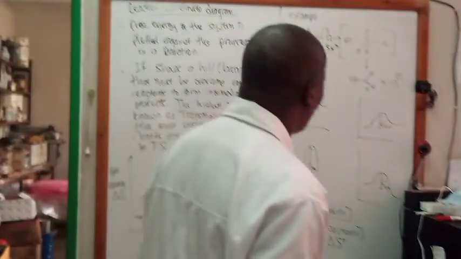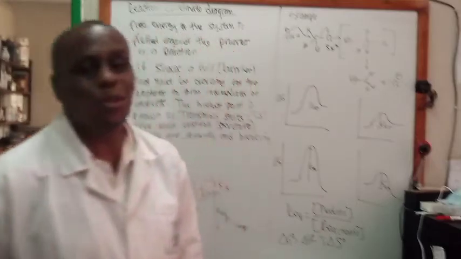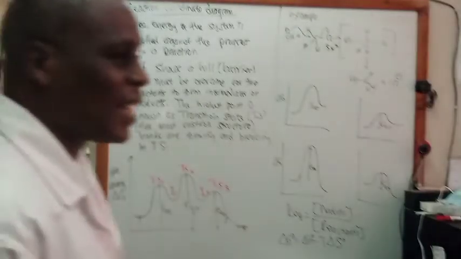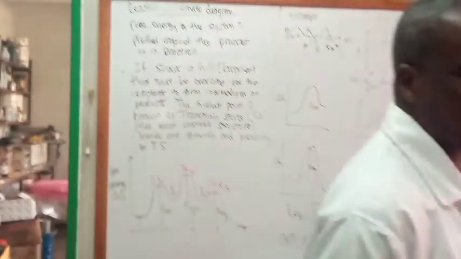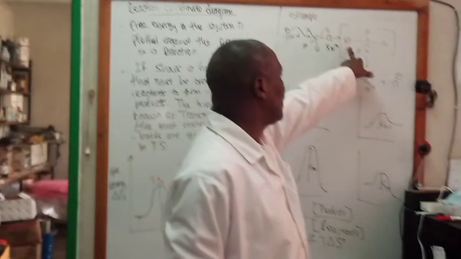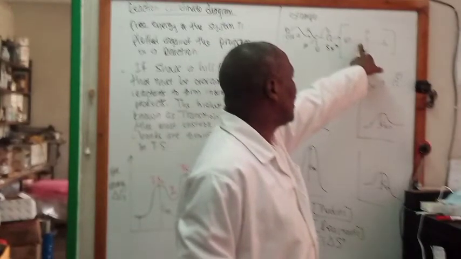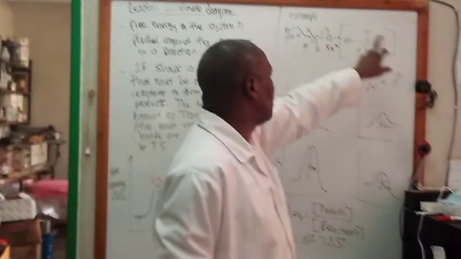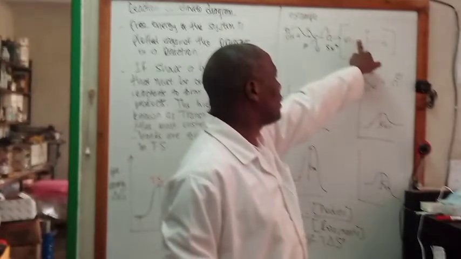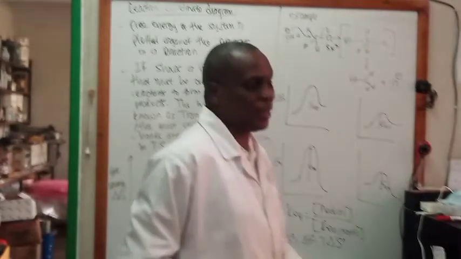As I mentioned, a transition state is the most unstable structure, so you cannot isolate it. There should be other structures which are more stable than the transition state. In the transition state, some bonds are breaking and some other bonds are forming. In this case, this is the developing bond that is forming, and this is the bond which is breaking.